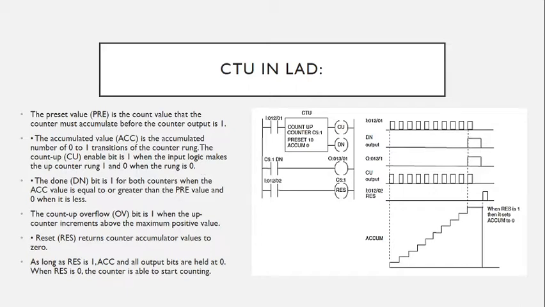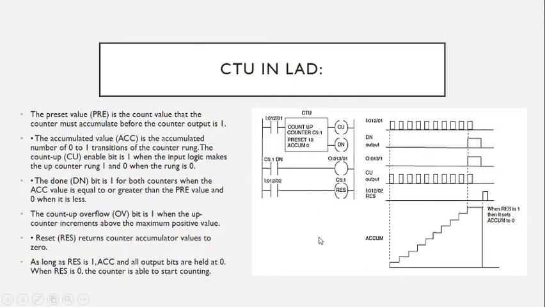So the CU is the enable pin, and you can see that it works very similarly to the input. Whenever the input is raised up, the CU is also raised up. Whenever the input is 0, the CU is also 0.